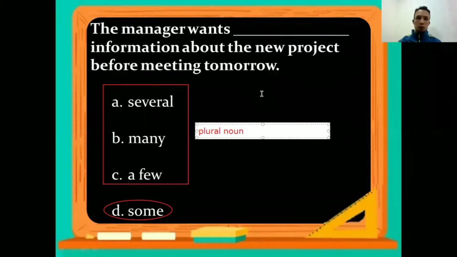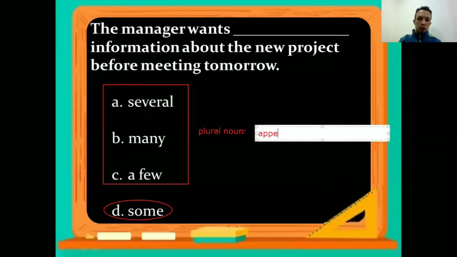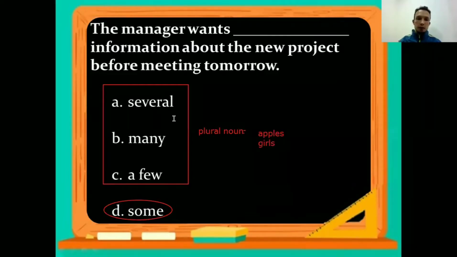Okay, so for example, what is a plural noun? I can say, for example, apples, doors, girls. See, all of them are possible with some, with several, with many, with a few. So it's incorrect if I say something like several information, because information is not a plural noun.